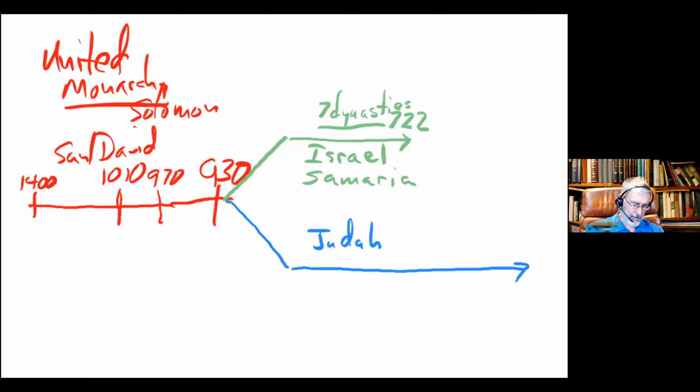Some key dates for the southern kingdom are going to be 701, and then 606, and 597, and 586. Those are 3 events for Jerusalem. And now, in 606, Nebuchadnezzar of the Babylonian Empire is going to take over Jerusalem. And he finally destroys Jerusalem in 586 BC.